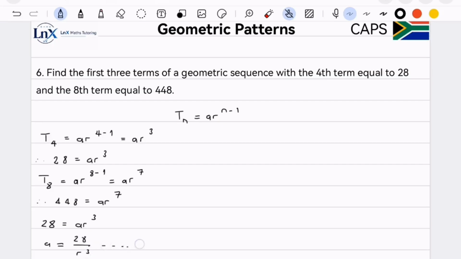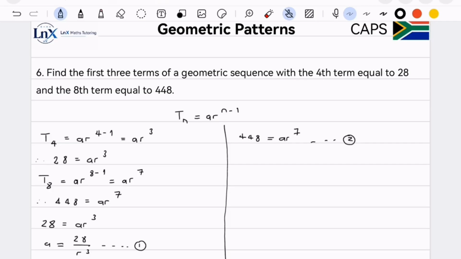So this will be the first equation, right? Let's proceed from that side. So we're going to have the second equation being 448 equals AR^7, right? And so now this will be our second equation.